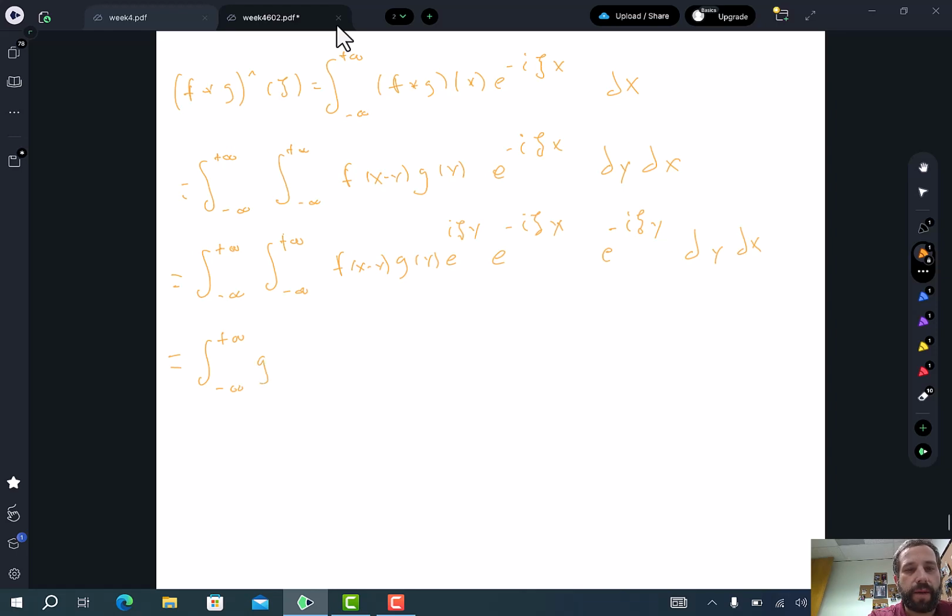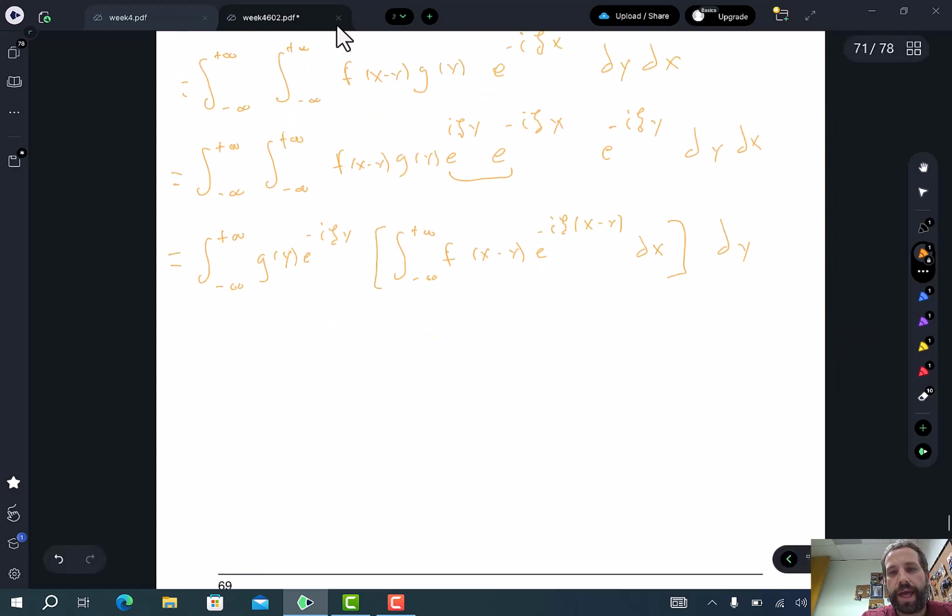And so on the outside, I'm going to have g of y, e to the minus i c y, times the integral from minus infinity to positive infinity of f of x minus y, e, and now I'm going to combine these into one exponent, minus i c times x minus y, dx, and then dy.